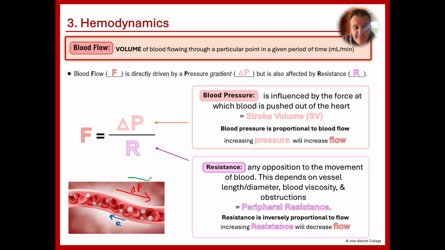So the net force, or the flow, is actually the pressure minus the resistance. The net flow is based on what the pressure is, and if you remove whatever is resisting it, that's what you're going to get as a net flow of your blood.